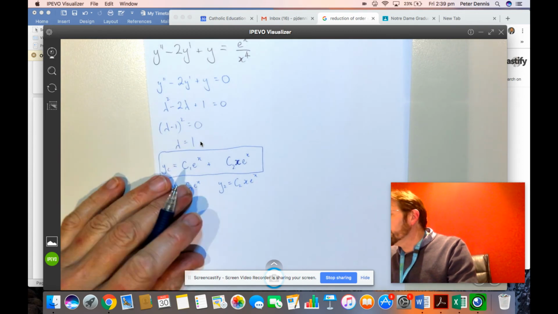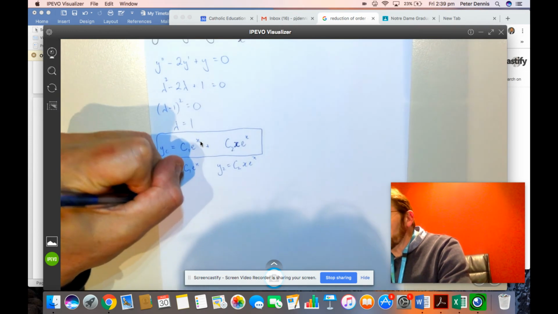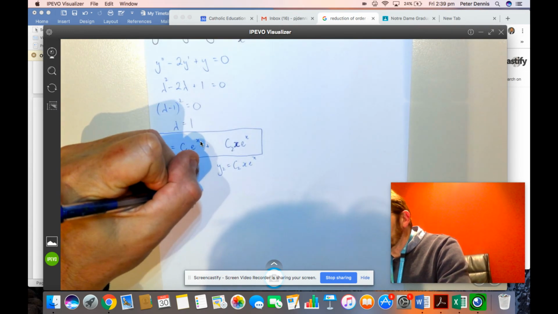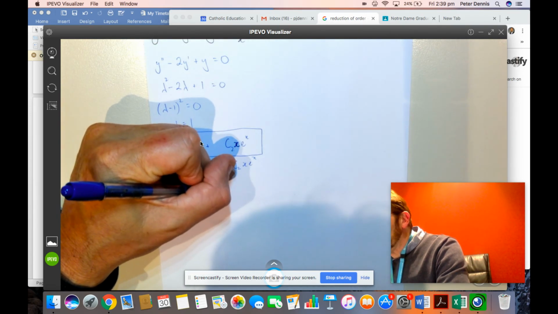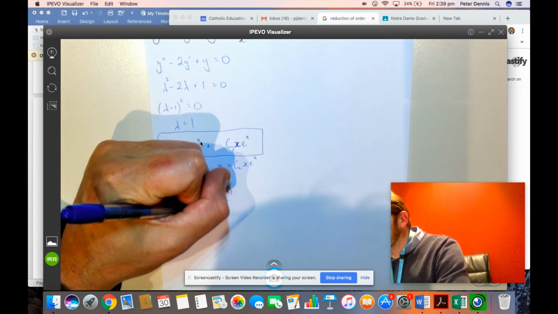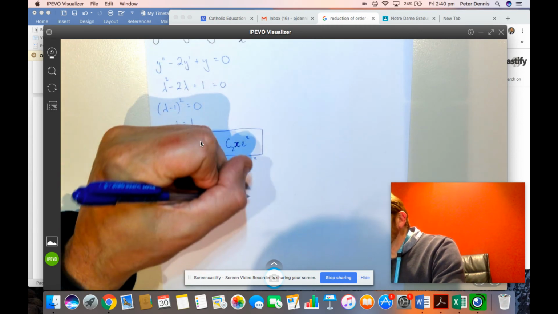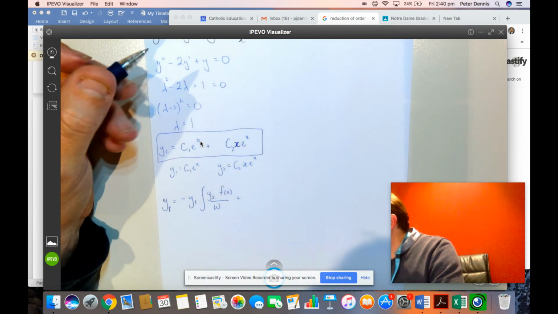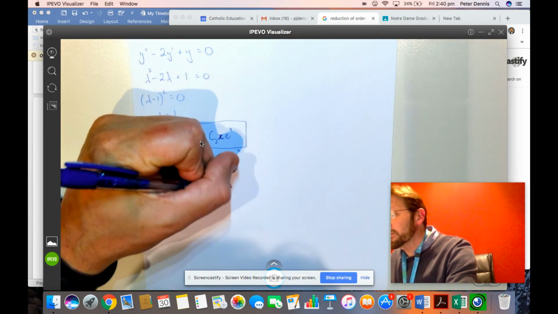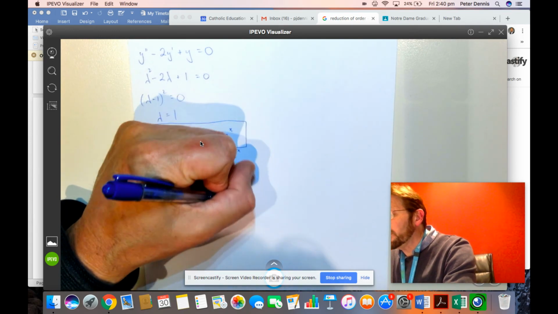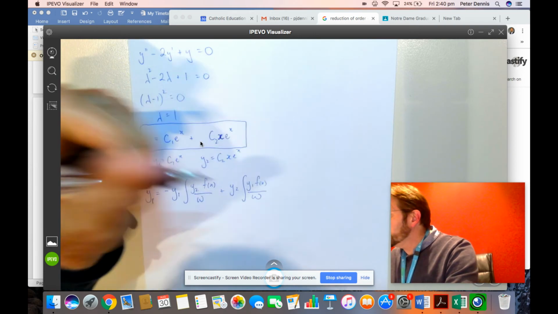So that's part of our complementary solution. Now, to do this change of parameters, yp, the particular solution, is going to be minus y1 times the integral of y2 times f of x all over w, which is the determinant of the Wronski, plus y2 times the integral of y1 f of x over the Wronski again.